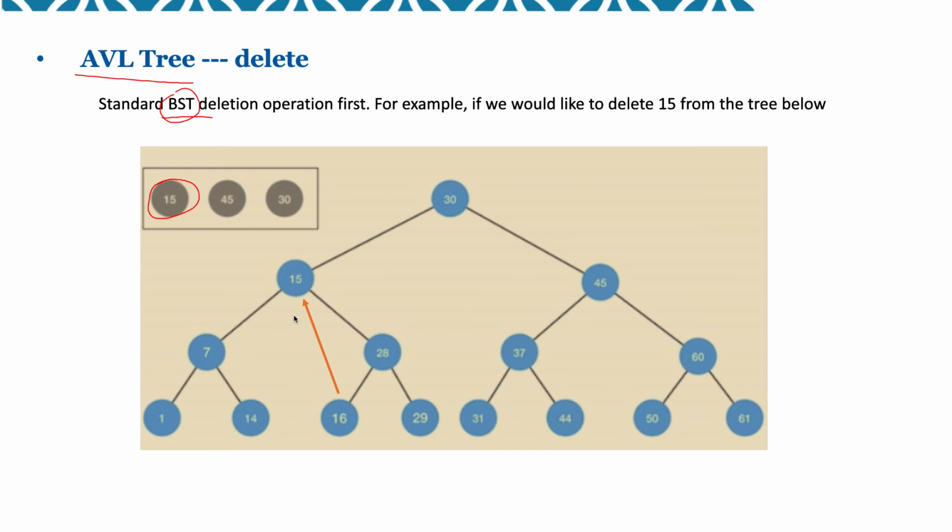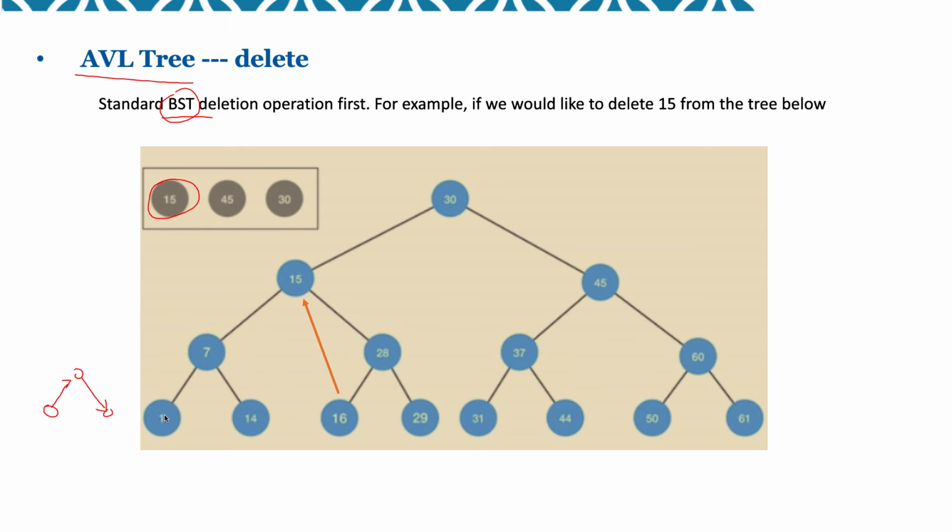As we all know, in a binary tree we have three traversals: pre-order, in-order, and post-order. And for each BST, the in-order recursion will give you a sorted sequence. In-order means the left node first, then the root node, and then the right node last.